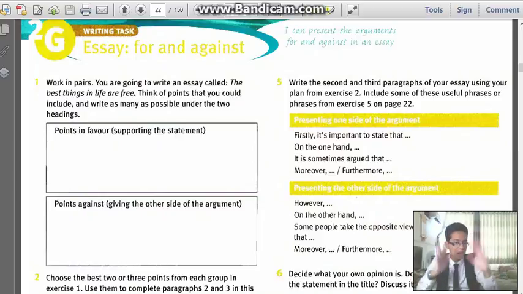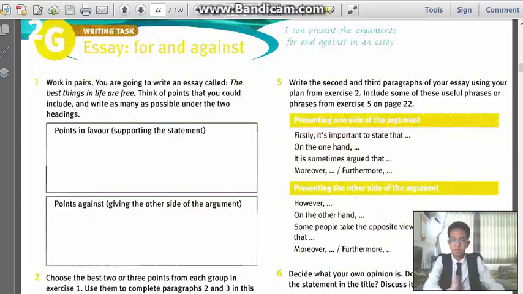So, I'm going to help you do this because it is the first time you are learning how to write an essay. An essay not only tells your own opinion, but also you have to point out your support and your argument for the idea given in the text.